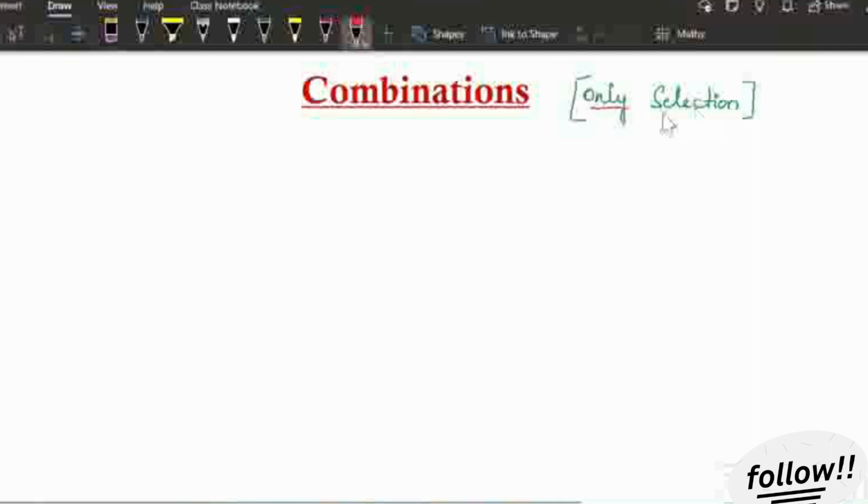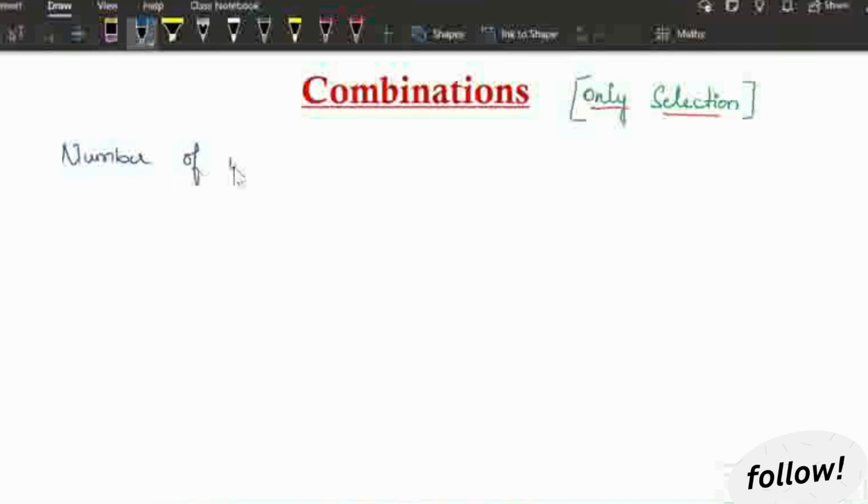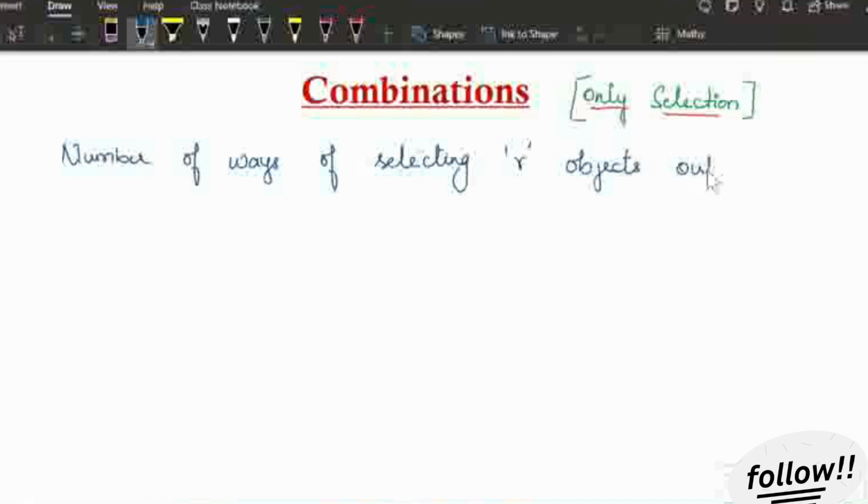So basically combination is only selection. This is the number of selections or number of ways. You can make a note of this: the number of ways of selecting r objects out of n objects.